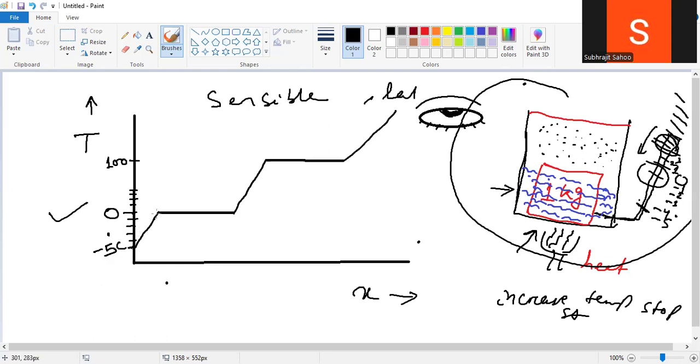At 0 degrees, the temperature is fixed for a certain time period. Again after 0 degrees, once all the particles are converted to liquid, the temperature changes again.